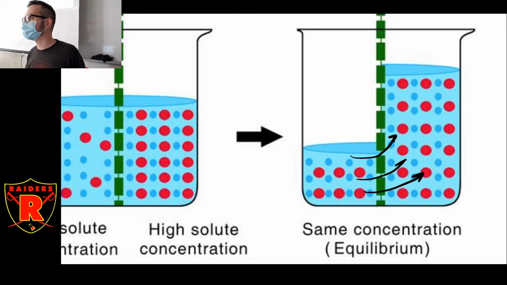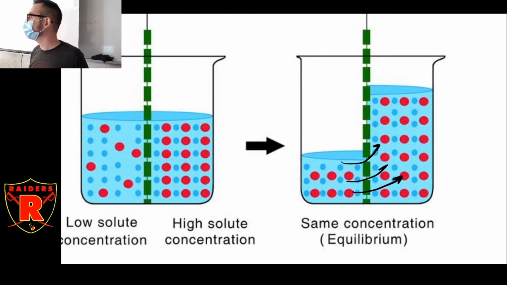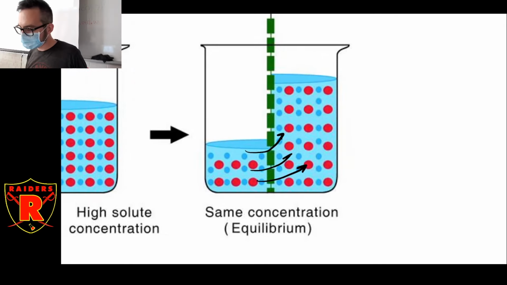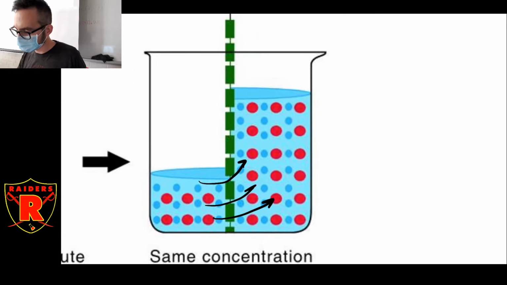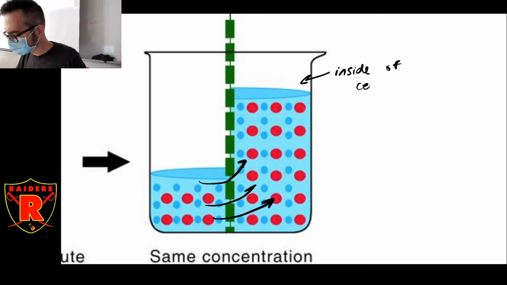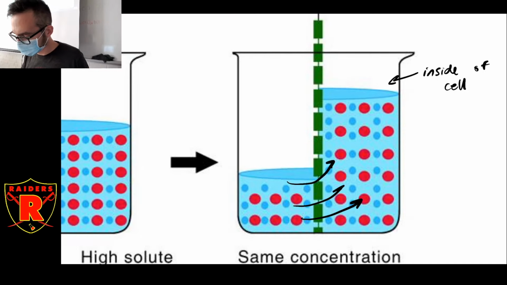So that's osmosis. This is really, really important in biological contexts because, for example, let's say that this was the inside of your cell right here, and this was the outside over here.